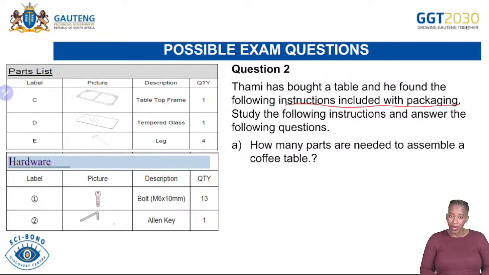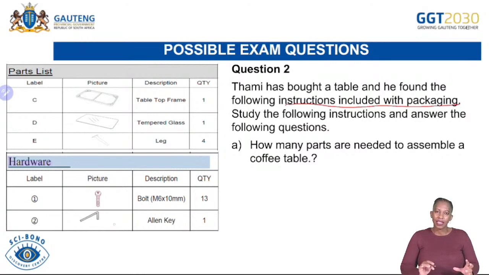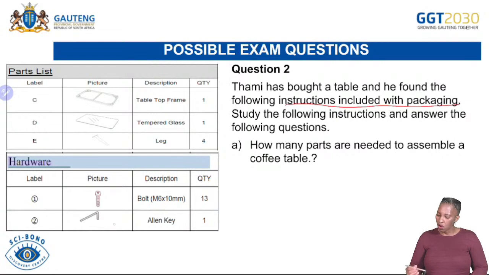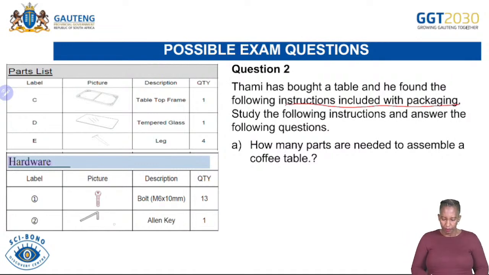Remember what I said to you, if the diagrams are large and clear, it is easier for us to put it together, because now I can relate. I look at the instruction sheet or the assembling diagram, and then I go to the real life thing and say, oh, okay, this is how the screw looks. I look at the picture, I look at the screw, then I'm able to relate the two. I know which part to use.